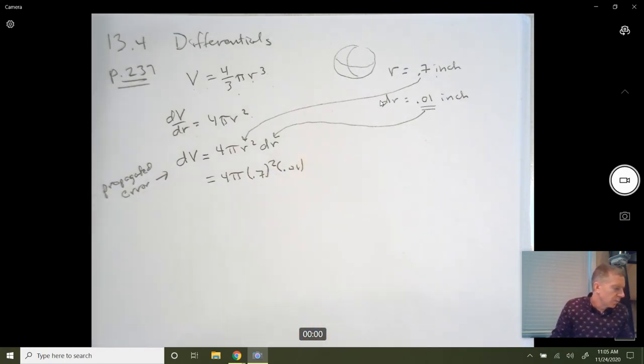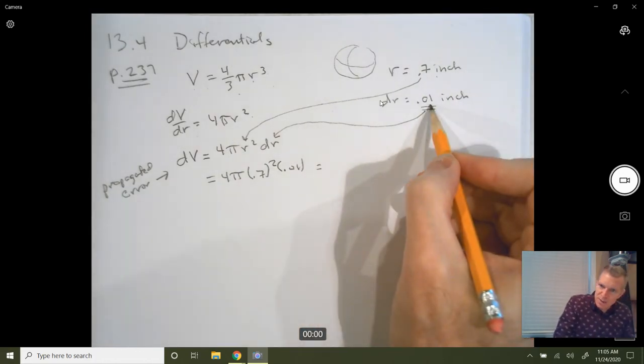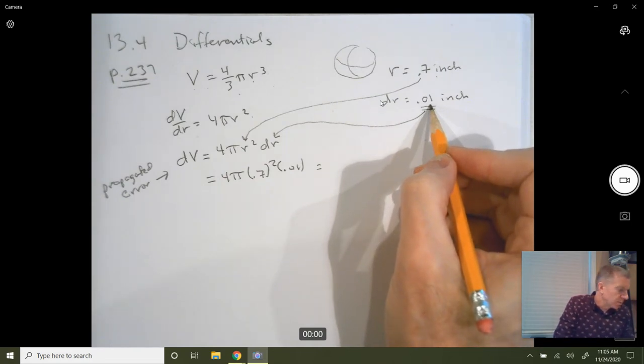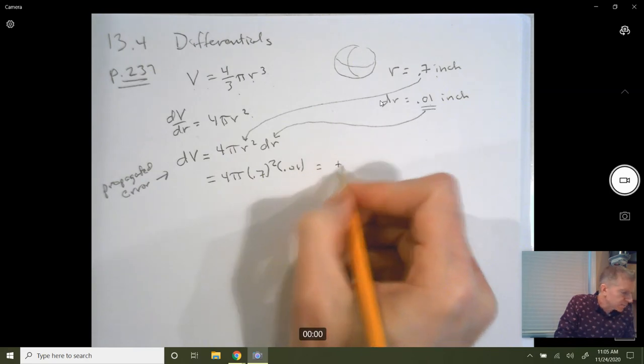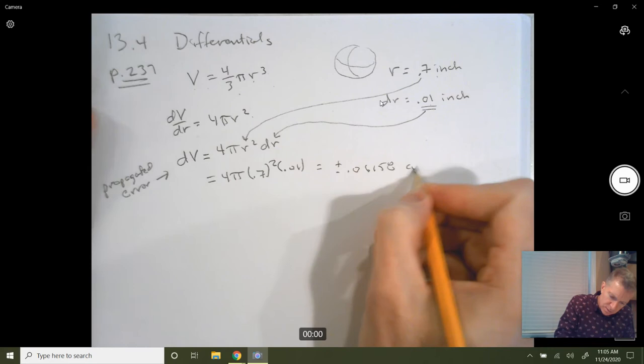Okay, and when you calculate that, now they don't tell us which direction that error could be in. So it's going to be a plus or minus. You could be up or you could be down. Plus or minus 0.06158 cubic inches.